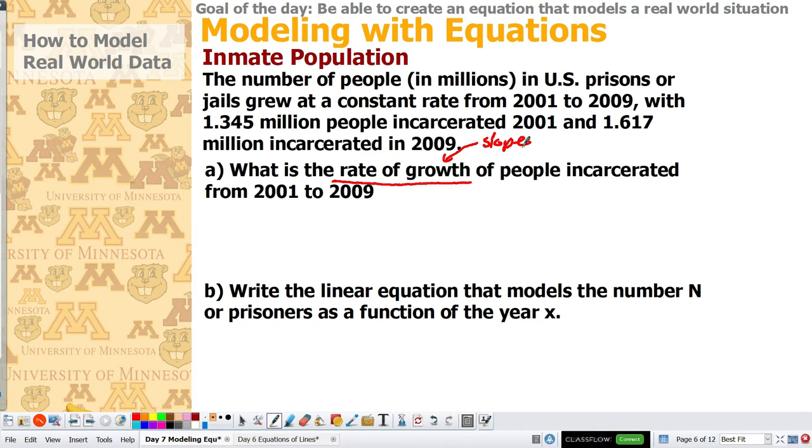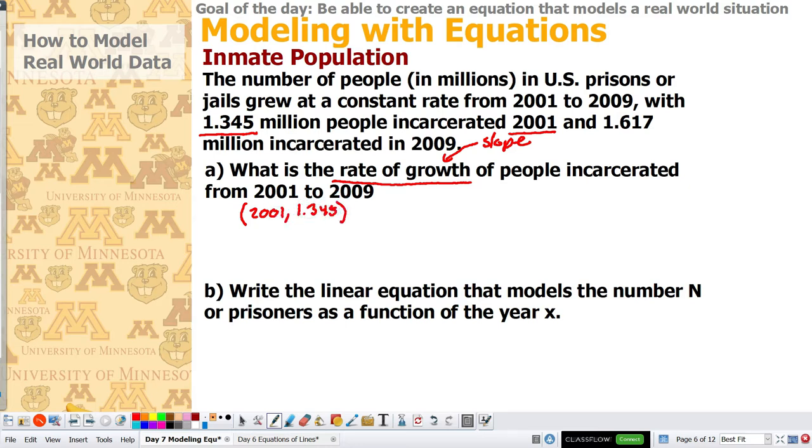Okay. So then I have to recognize I actually have 2 points here. In 2001, there's 1.345 million people. So that's a point.